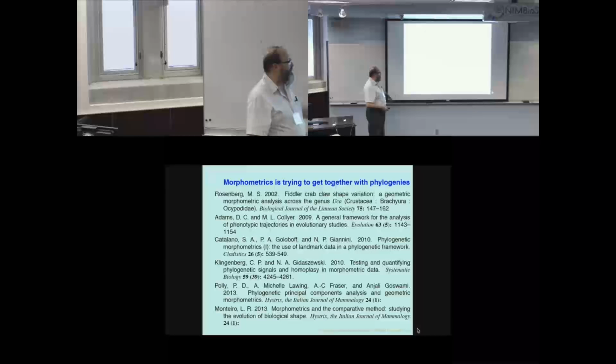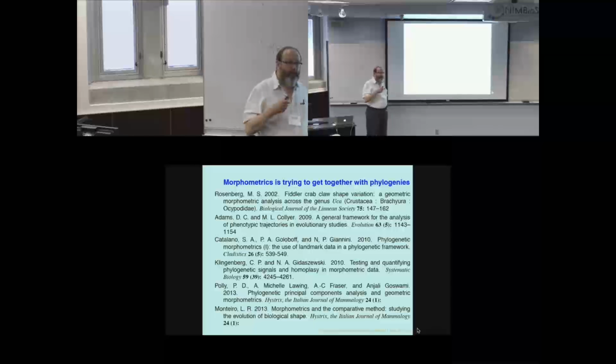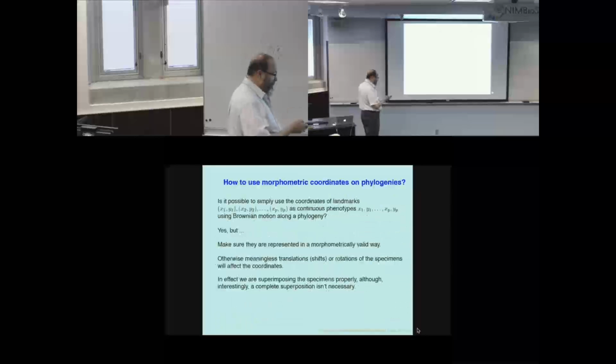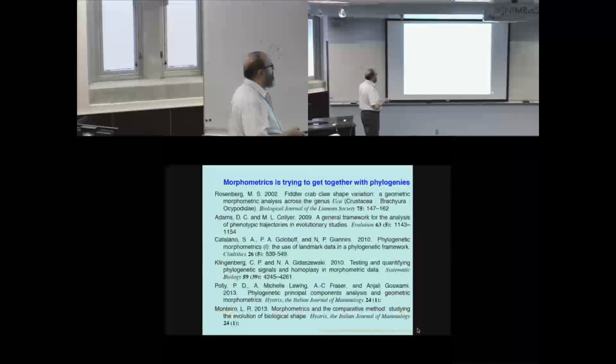So now I estimate there's some much bigger number of papers. Here's a bunch of papers showing people doing morphometrics on phylogenies, using usually the morphometric consensus methods, which I'll give you a little introduction to in a moment. So this is just to give you a picture of some of the people who are doing this.